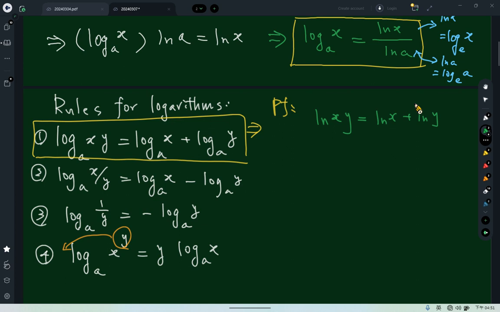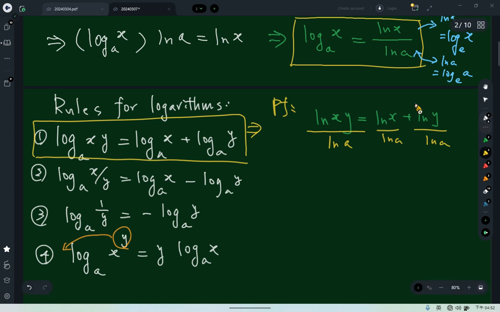Then through ln, we can make multiplication become addition. Here is multiplication, and here is addition, right? So we have this result. And then we just divide both sides by ln a.